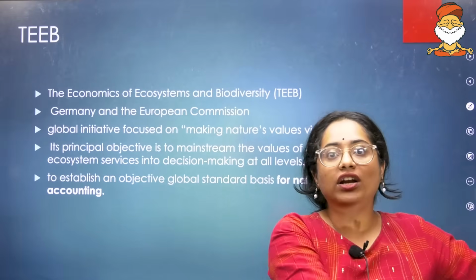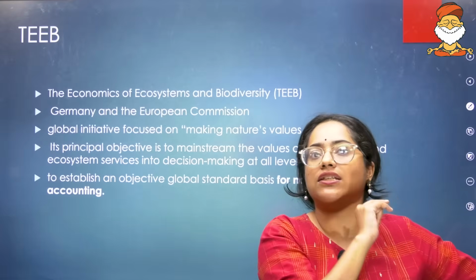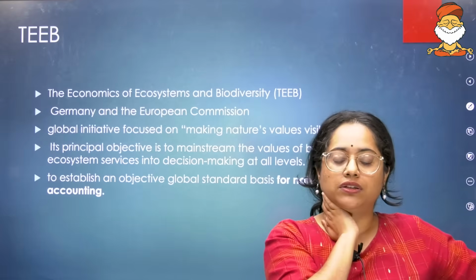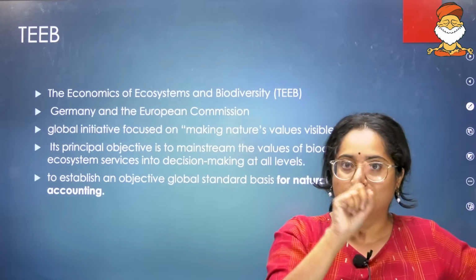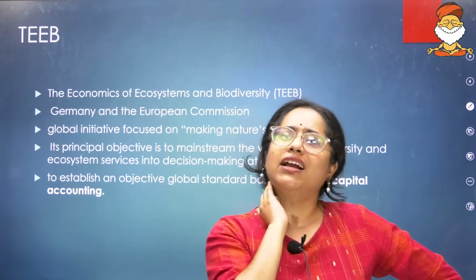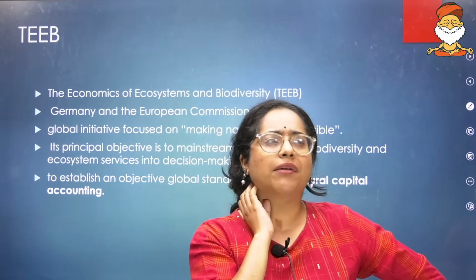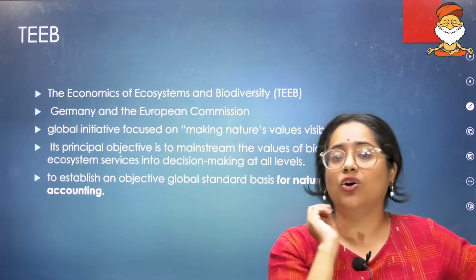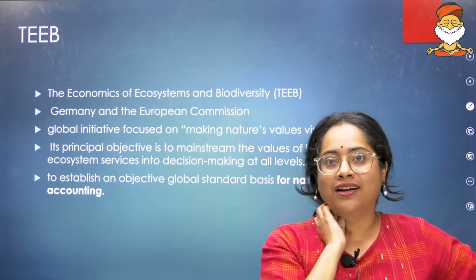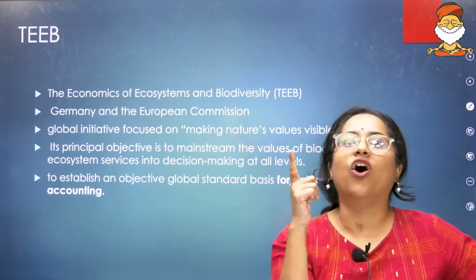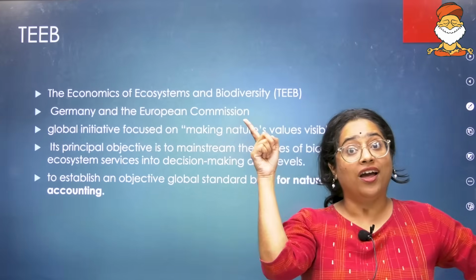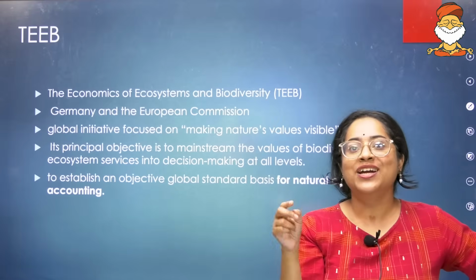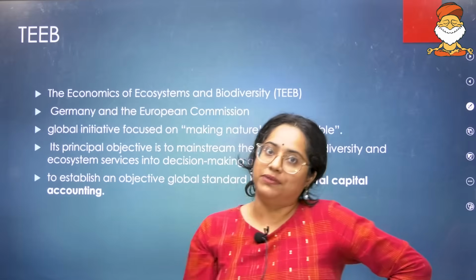So they said, the tree is giving you 12 services, and all the worth of it will come up to almost maybe 10 lakhs. So if you're cutting this tree, you're basically causing a loss of 10 lakhs to the economy. And then they got it. They're like, oh, then we should not cut it. So this is what TEEB did.